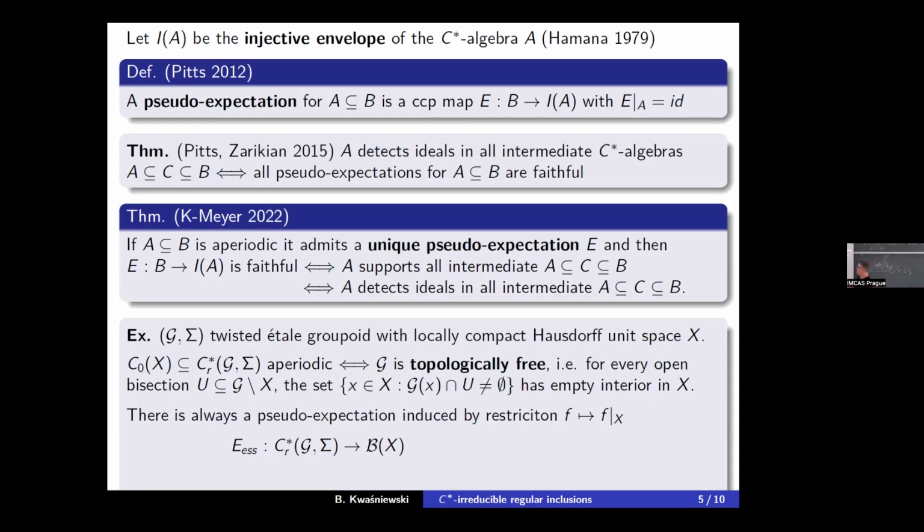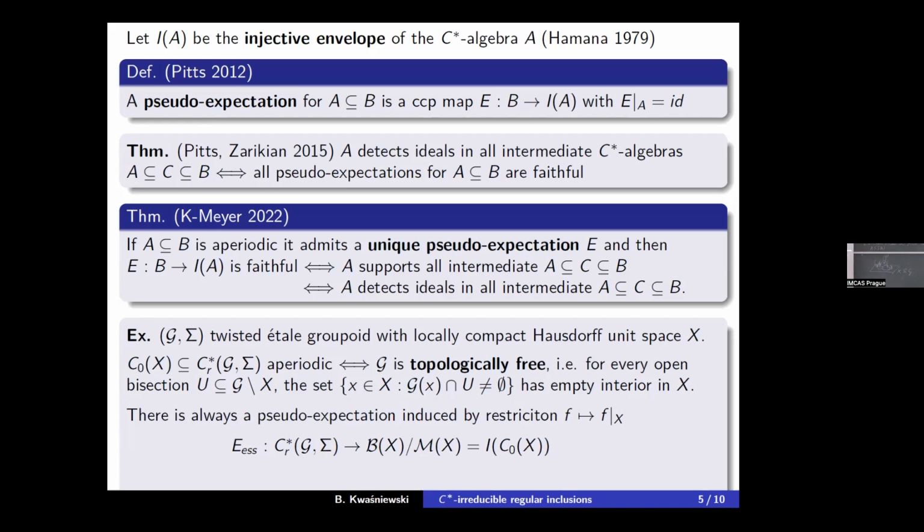So in general, this restriction gives you a generalized conditional expectation not into C(X), but rather into B(X) or D(X), the bounded Borel functions. But this algebra is not contained in the injective envelope of A, which is here now C0(X). So in order to have the pseudo-expectation, we need to mod out this B(X).